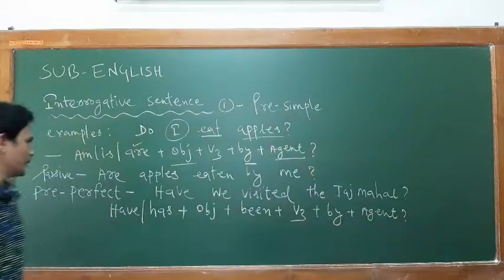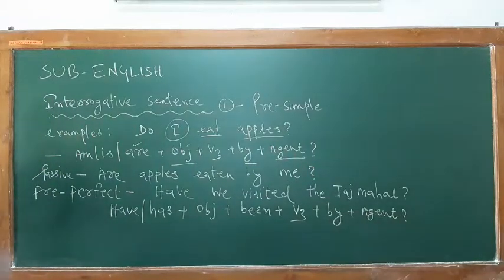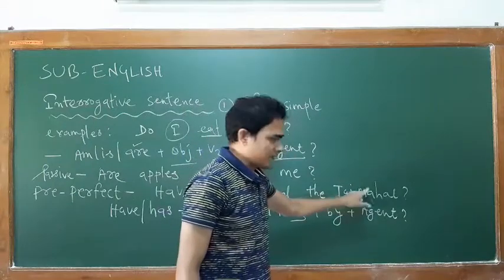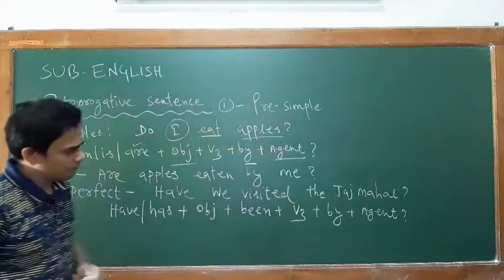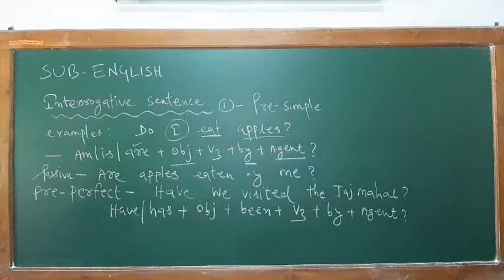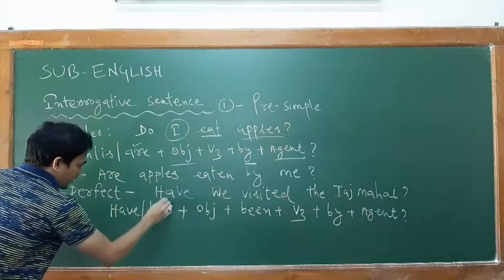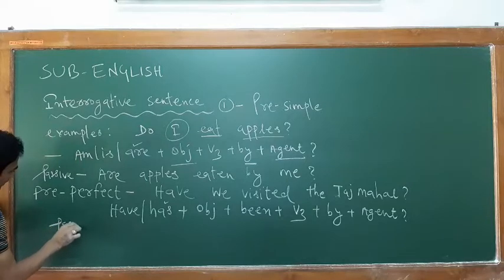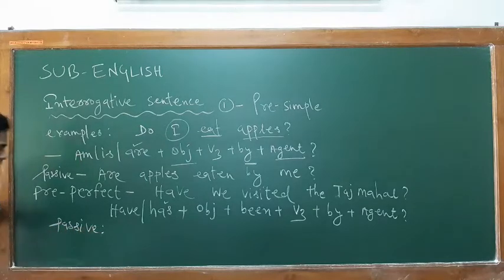Question mark. Okay. So, have we visited the Taj Mahal? You mark the object, the Taj Mahal. It is your direct object because it is answered by what. So as for your object, now we have to select the helping verb also in passive. So what will be your answer?